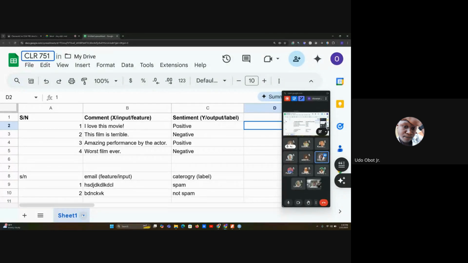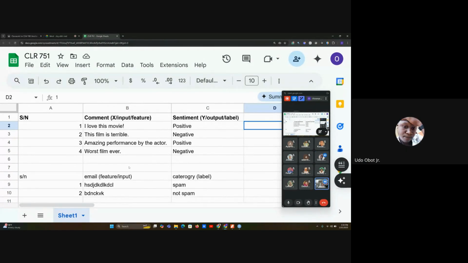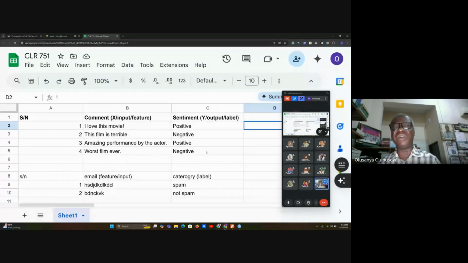Thank you. The truth of it is that if we do it physical, I may not be able to do much of the explanation that I'm doing here, because I could easily move across different applications as I use the Google Sheet, for instance.